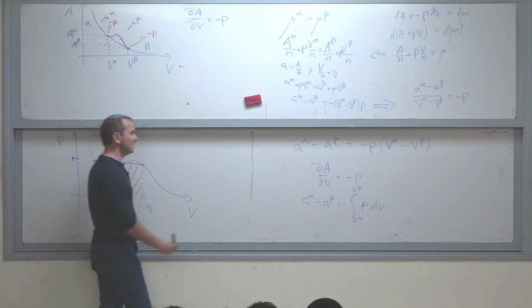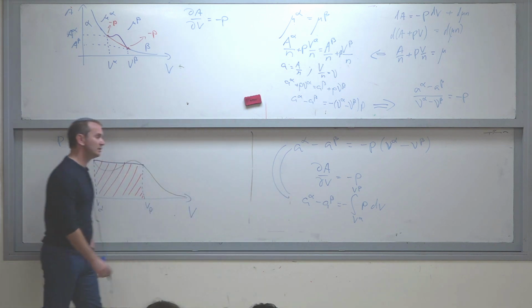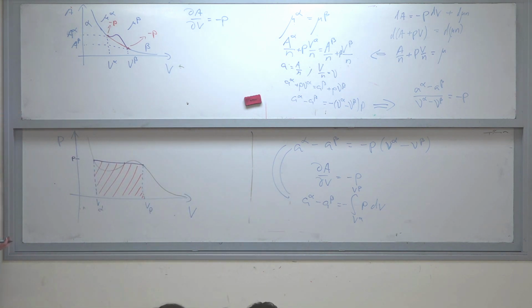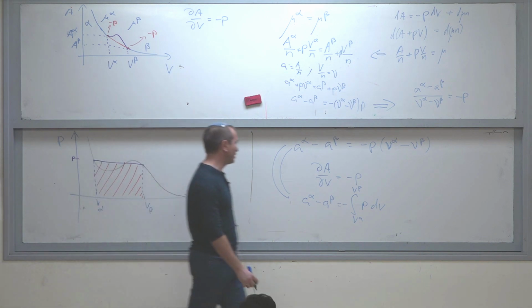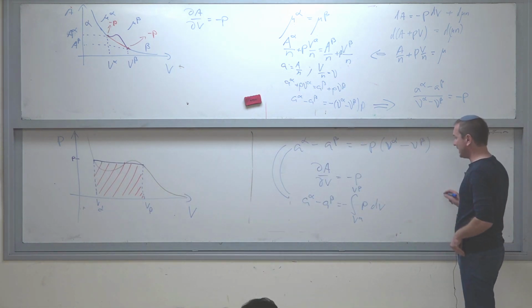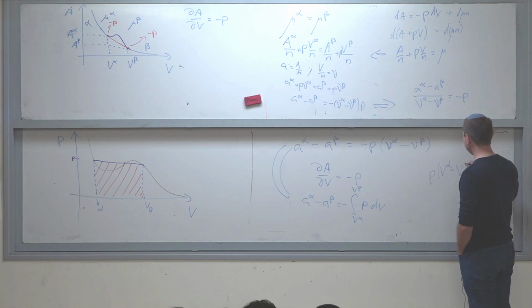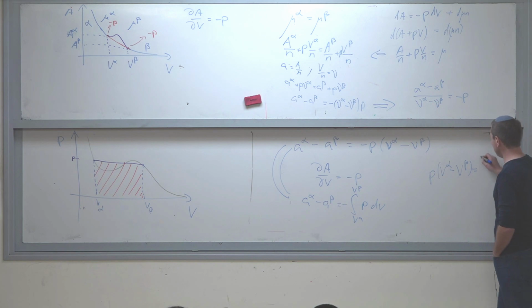Now there should be an equivalence of those two, right? So what I'm actually looking for are P, V alpha and V beta such that P times (V alpha minus V beta) equals the integral from V alpha to V beta of P dV.